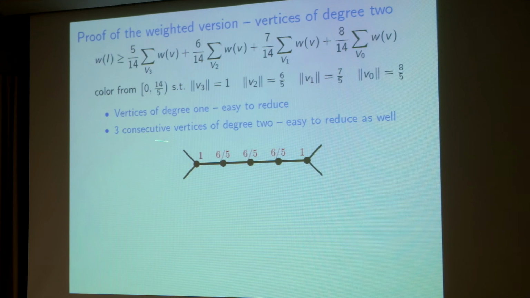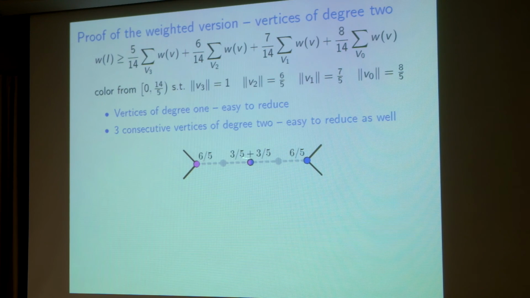Suppose I have 3 consecutive vertices of degree 2, or at least 3, but on the picture let me just show what I'm going to do with 3. Then I'm claiming it's again very easy to find a reduction like for the vertices of degree 1. How? I will remove the middle vertex and the 2 neighbors. So I apply the induction on the remaining graph, and here I get 1 over 5 extra.